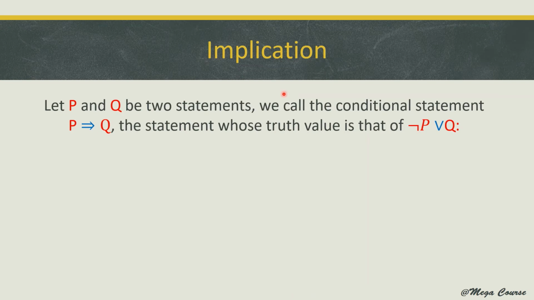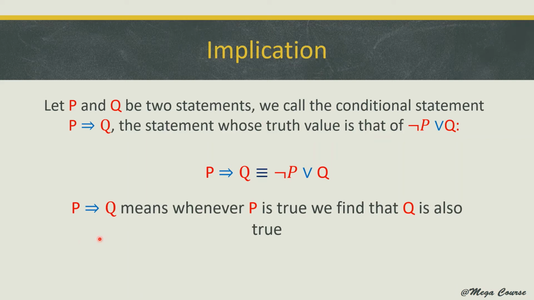We call the conditional statement "P implies Q" the statement whose truth value is the same as the truth value of not P, the negation of P, or Q. Let's understand it together. So here we say P implies Q is the same as not P or Q.